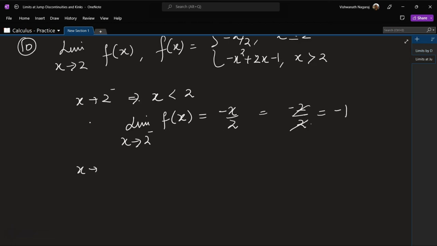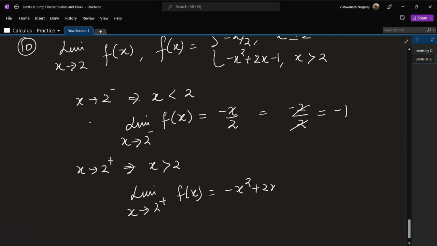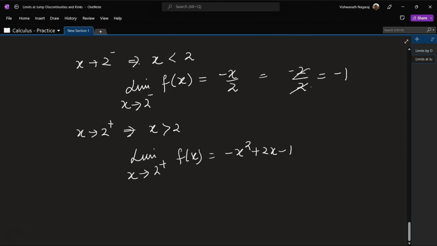Now let's look at it from the other side, from the positive side, which implies x is greater than 2, in which case our limit statement becomes as x approaches 2 from the positive side of f of x equal to minus x square plus 2x minus 1. So again, let's do some substitutions.